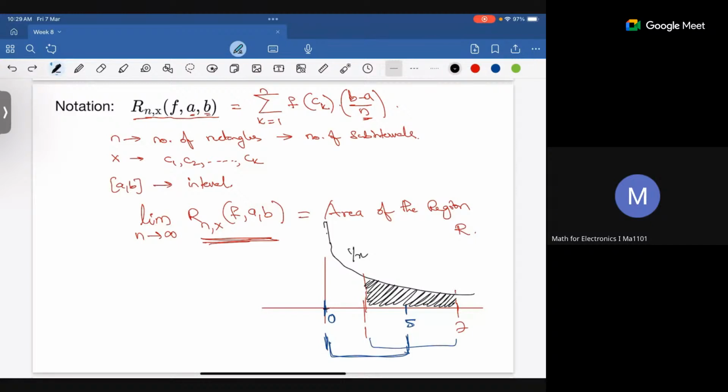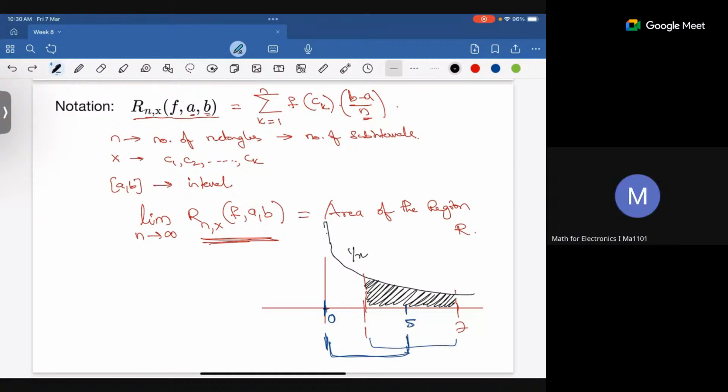So if you take, for example, velocity versus time, what does the area under the curve represent? Acceleration in some sense. Acceleration will be velocity upon time, right?